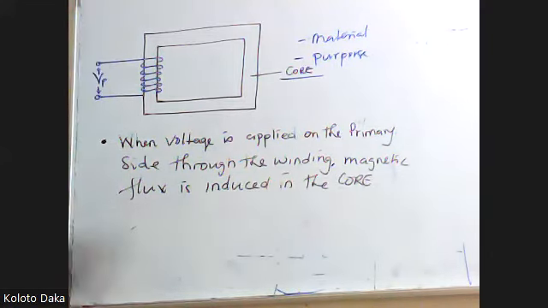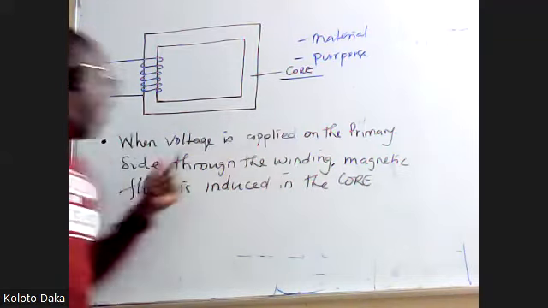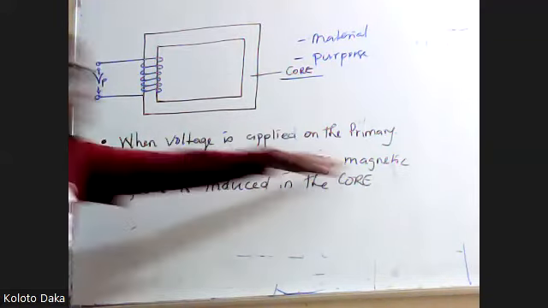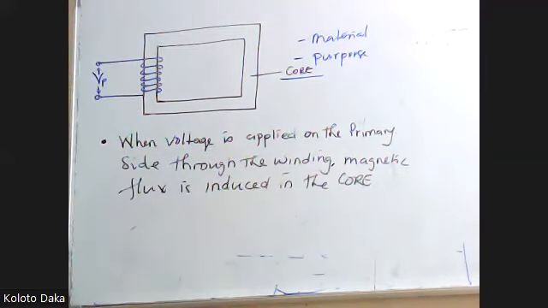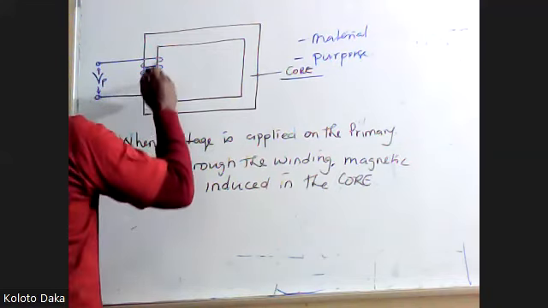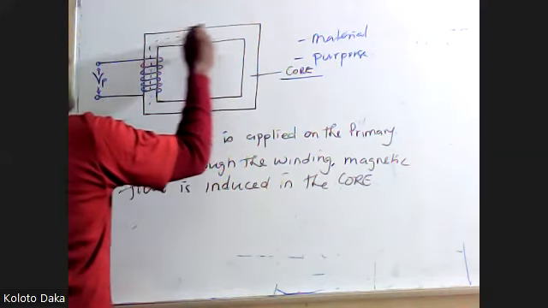Magnetic flux is induced in the core. Then what happens? This magnetic flux will start moving in the core.